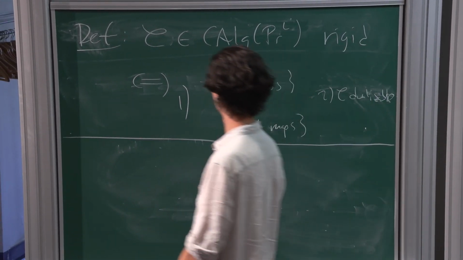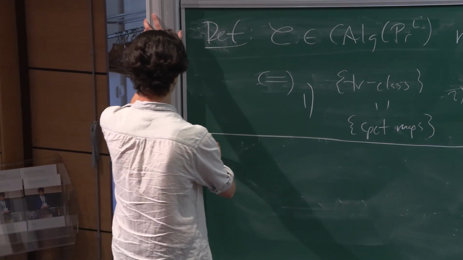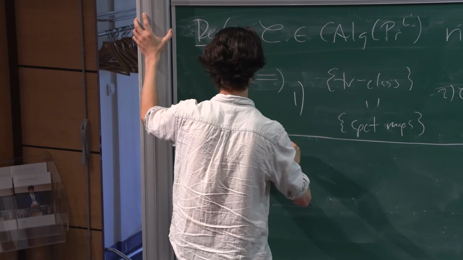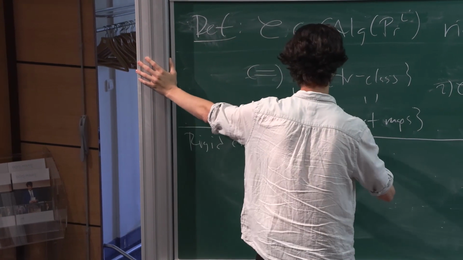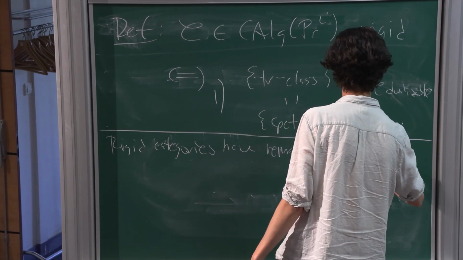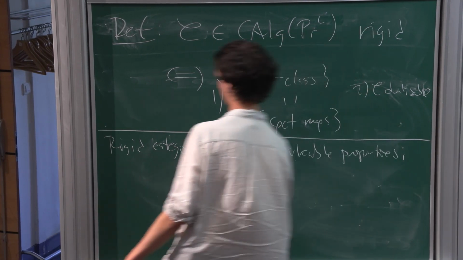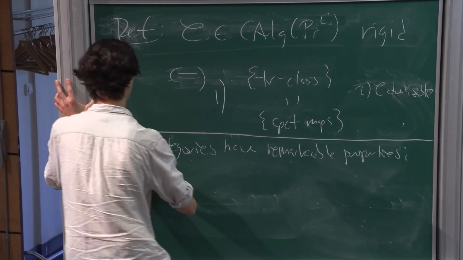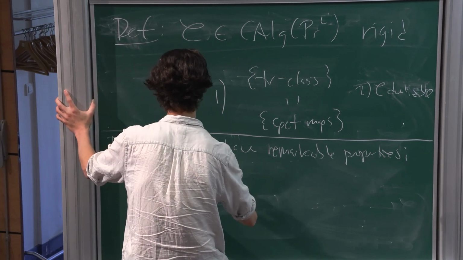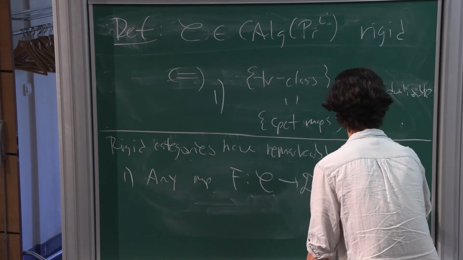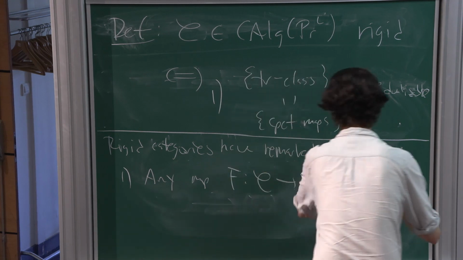Okay. So rigid categories have some remarkable properties. So the first one is, any map F from C to D, a map in what category?